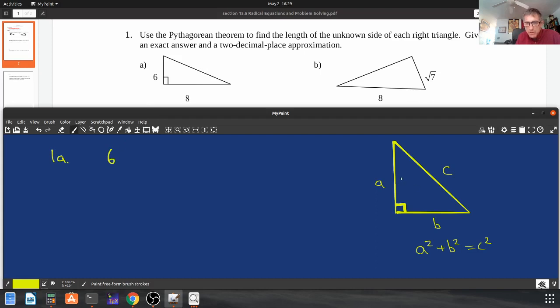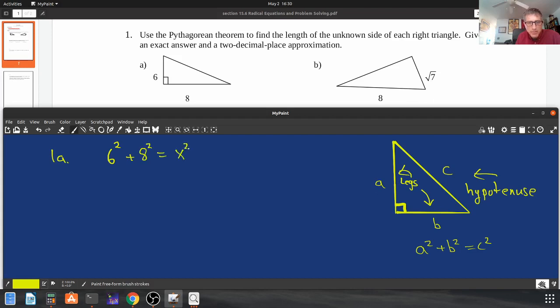So these are called the legs, the a and the b and the c. Let me spell out hypotenuse. I'm not for sure if I spelled that right. I should have looked it up. So here I have the two legs, and I want to find the hypotenuse. So that's 6 squared plus 8 squared is equal to x squared.